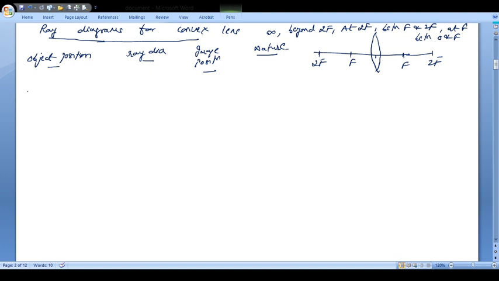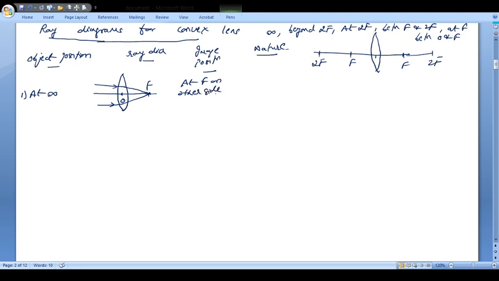Now first, object position at infinity. When you draw the ray diagram, this is the lens, this is your principal axis. You have the rays coming parallel from infinity, and here you will find that it will meet at focus f. So what is the image position? At f on the other side.